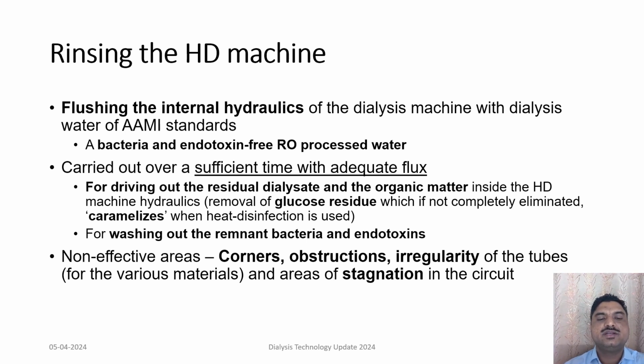This will drive out the residual dialysate and the residual organic matter inside the HD machine's hydraulics. It will also remove the glucose residues. If they are not completely eliminated, while using heat disinfection they can get caramelized and cause permanent damage to the hydraulics. Secondly, rinsing also washes out the remnants of bacteria and endotoxins.